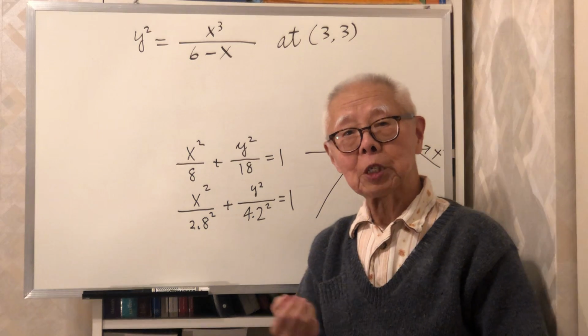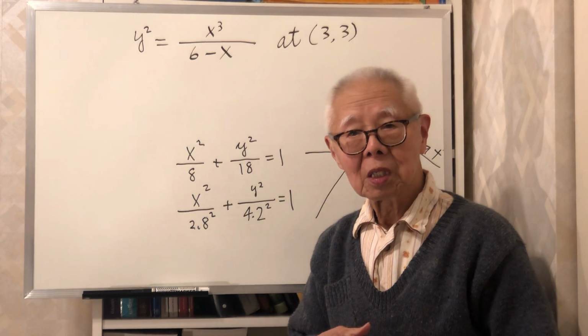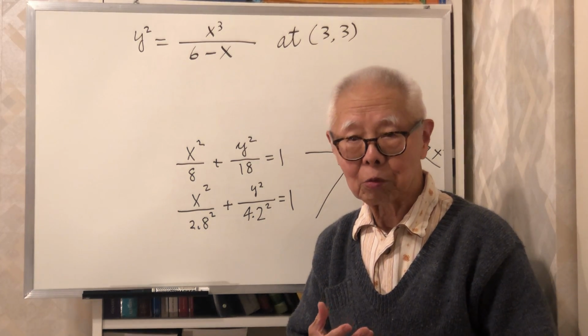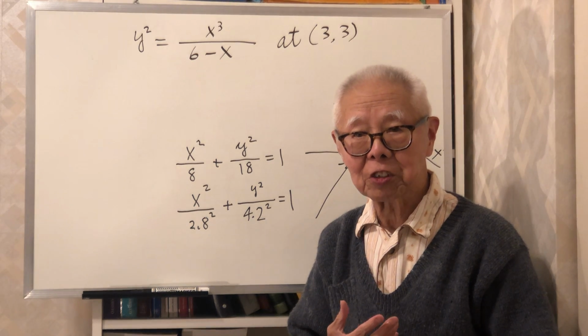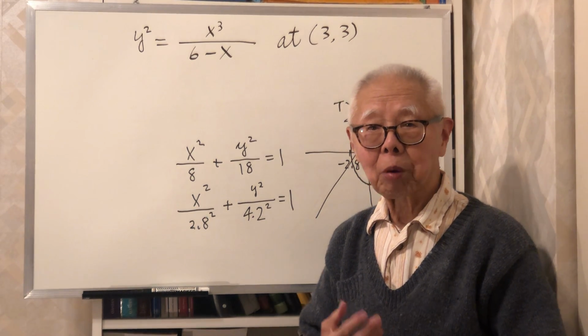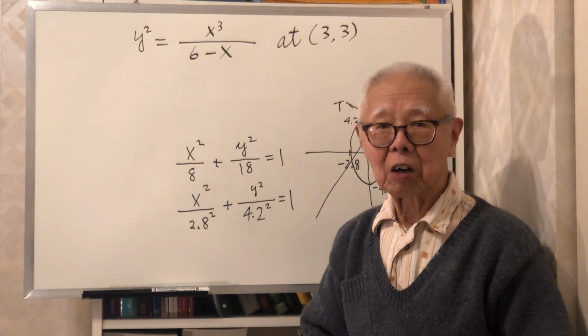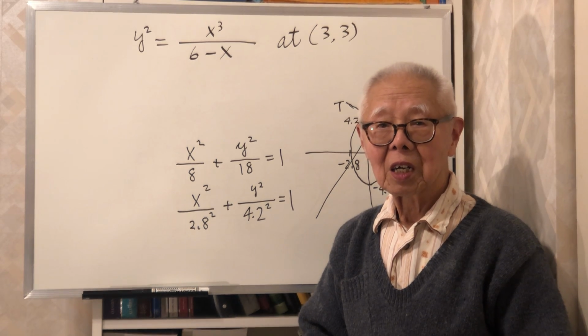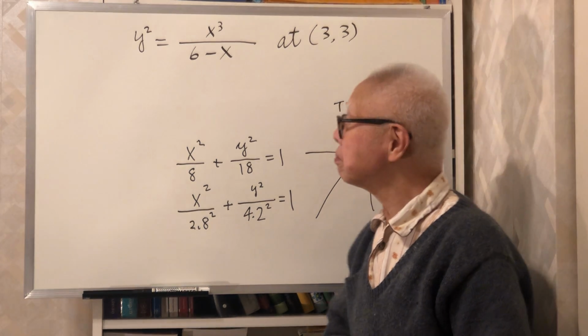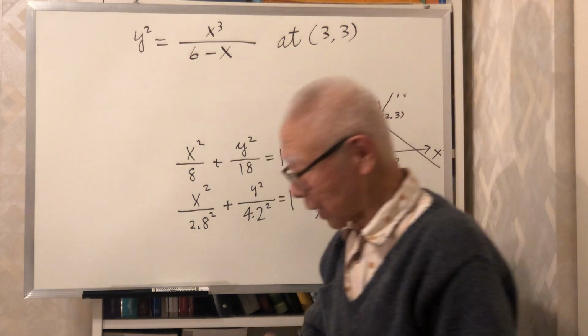So the first step is to find the derivative, which means the slope of the tangent, and we use point slope form to write down the equation of tangent. Okay, let's do that.